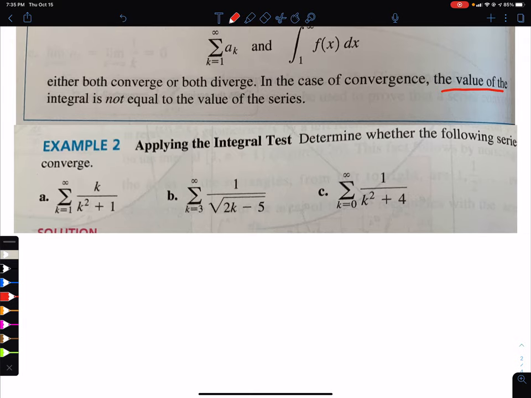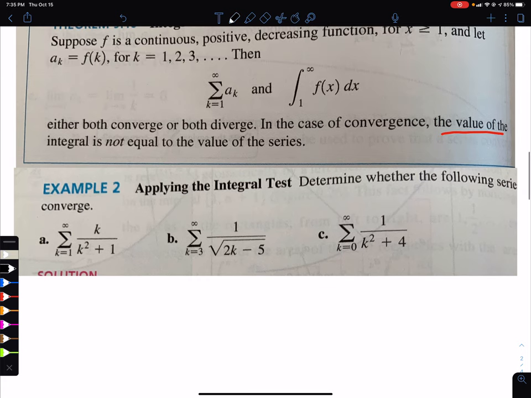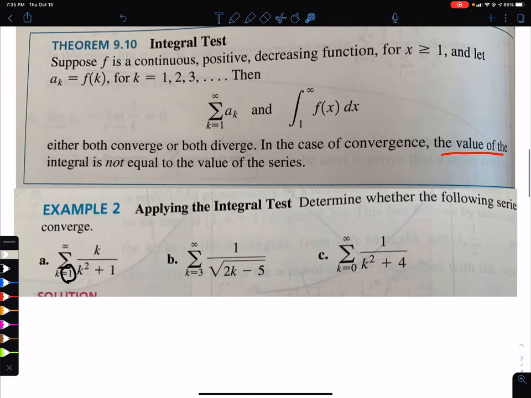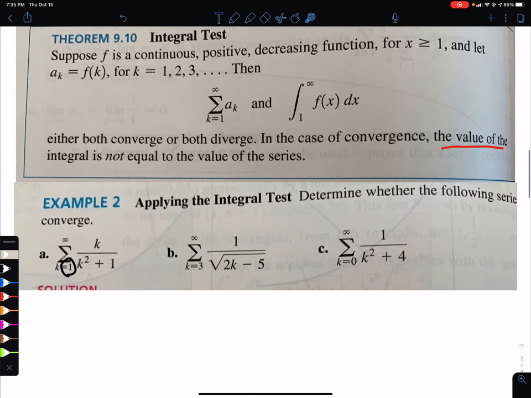So what you want to look at is example A. And you will notice, since k starts at 1, that this will always be positive. Now, it's always decreasing because the bottom grows faster than the top. You could take the derivative and find the derivative is negative to prove to yourself that it's decreasing, but we're good with that.